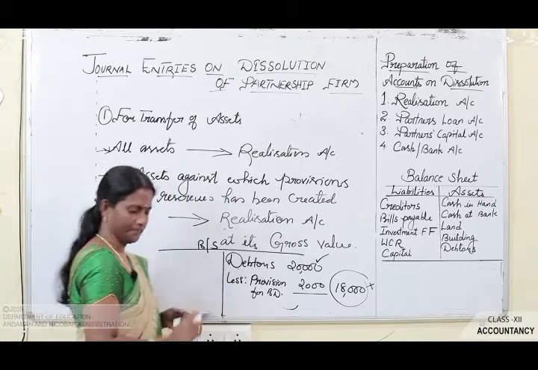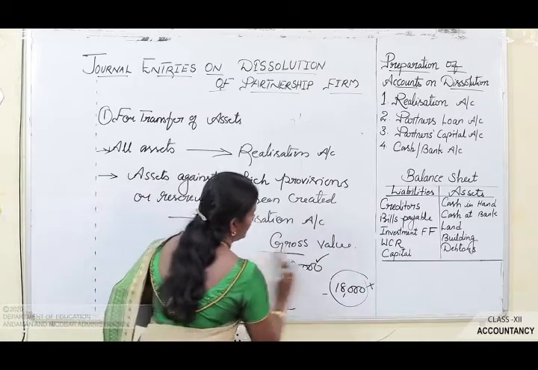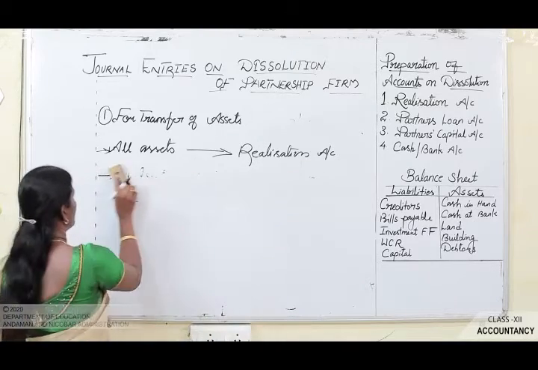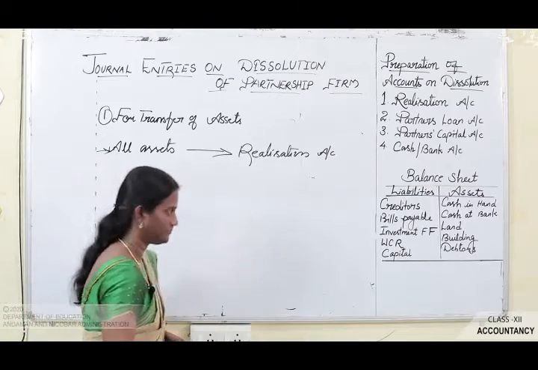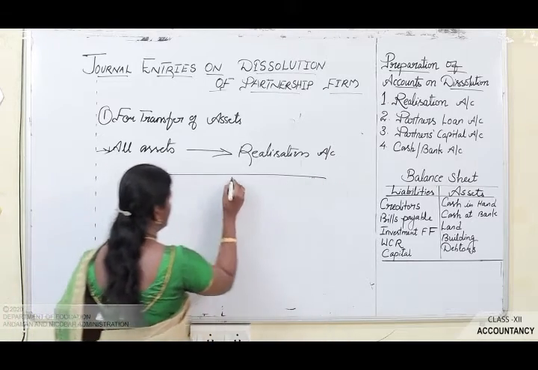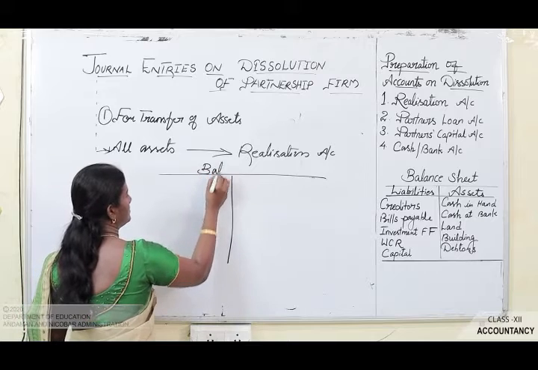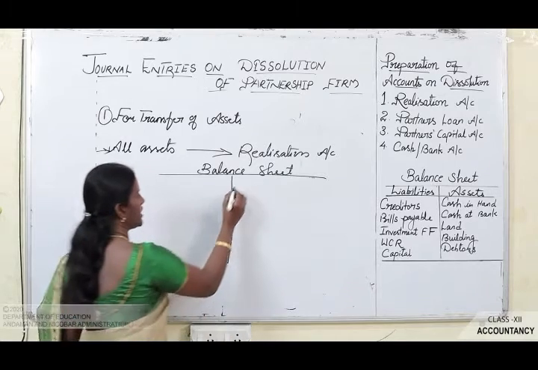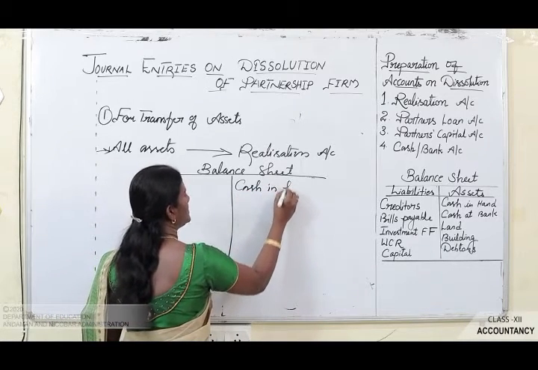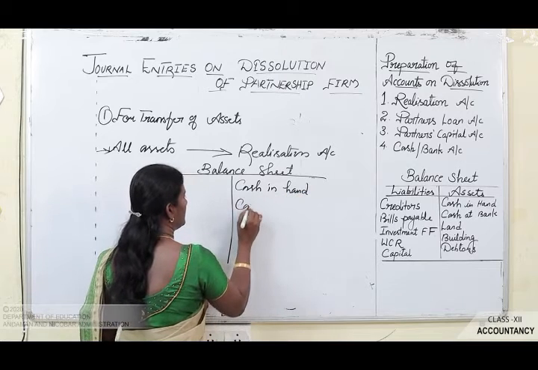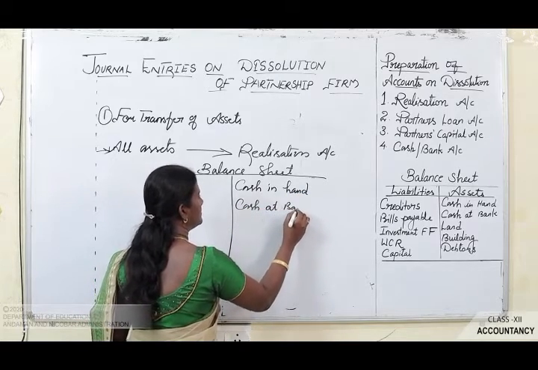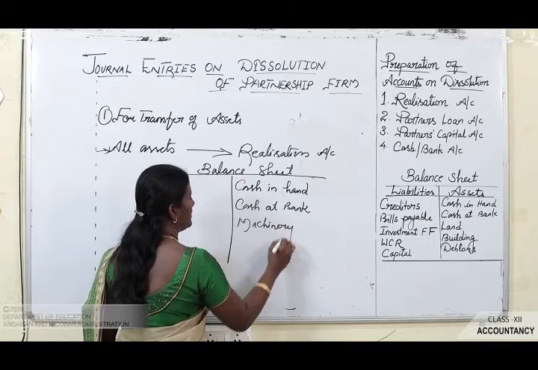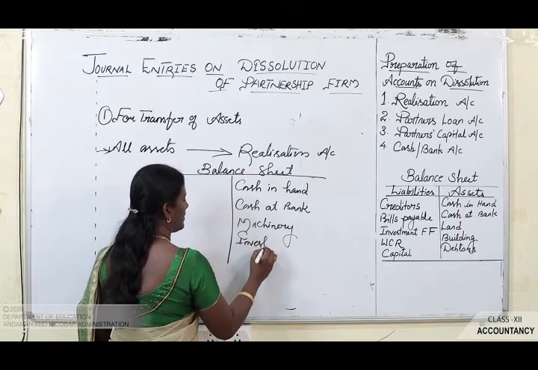Okay students, so I'll tell how the balance sheet asset side will be transferred to the realization account debit side. Balance sheet, we'll take some items of balance sheet: cash in hand, cash at bank, machinery, investment.